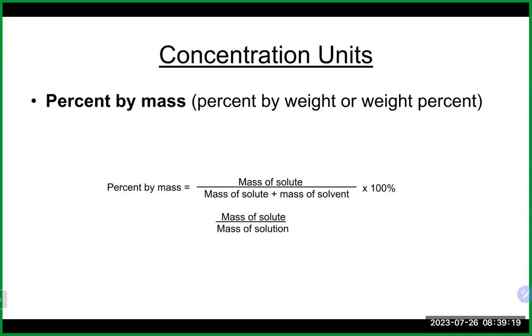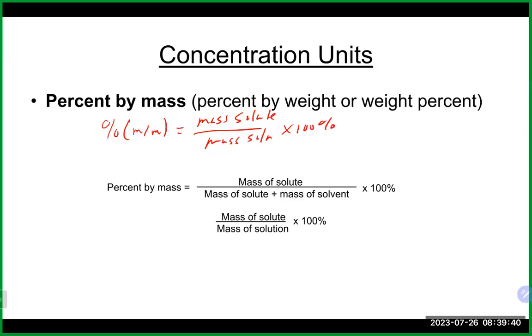Remember that, as we talked about, there are a few different percent concentration units that we see with solutions. This is our percent mass to mass, and again, that is the mass of our solute over the mass of our solution times 100%.